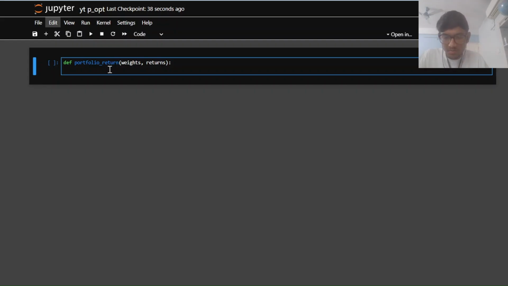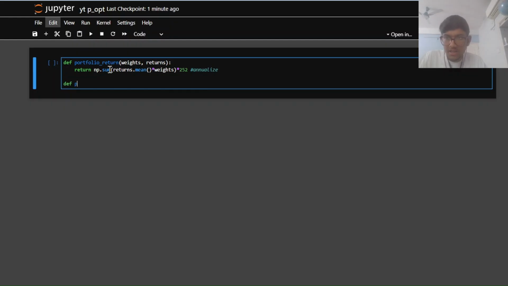The logic is simple: return np.sum of returns.mean multiplied by weights, right? And we're multiplying by a factor of 252 because we want to analyze our annual portfolio return.